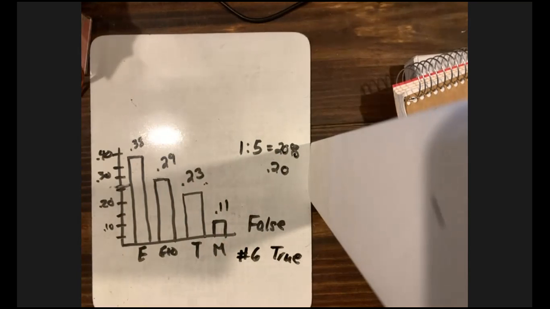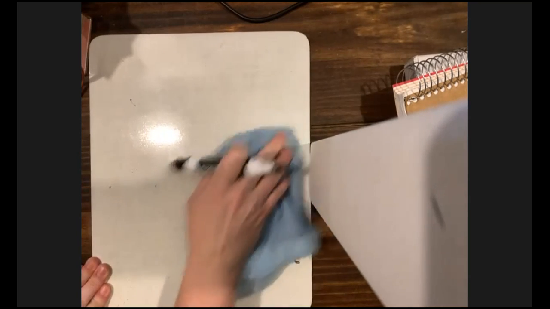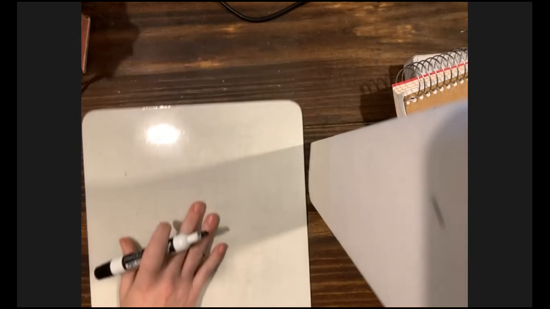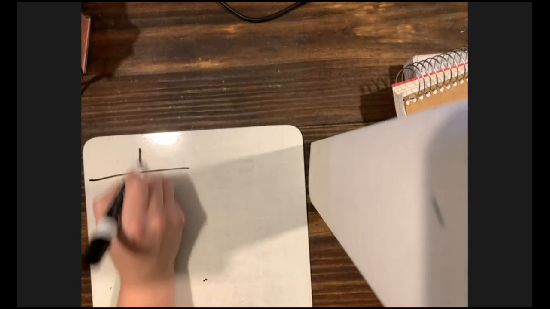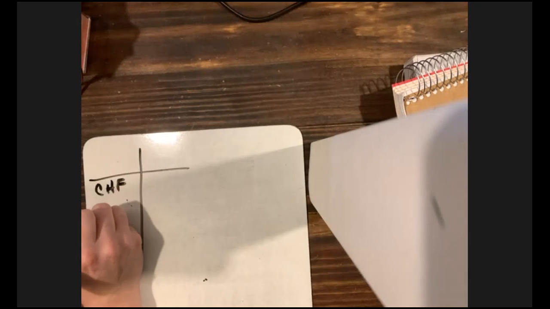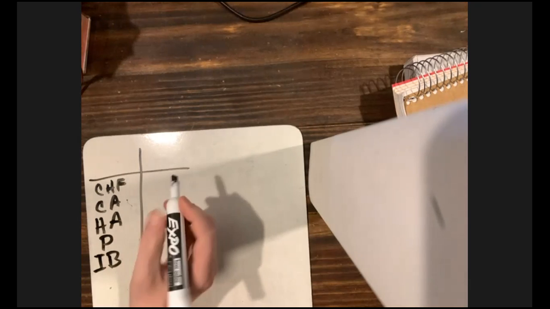Okay. And then finally, we're going to look over here at number 10. This is the last one out of this section that we have not handled in either this video or one of our previous videos. So first they give us a table. So I'm going to scooch this so that I can create the table. So we have congestive heart failure, coronary arteriosclerosis, heart attack, pneumonia, and infant birth. Okay.